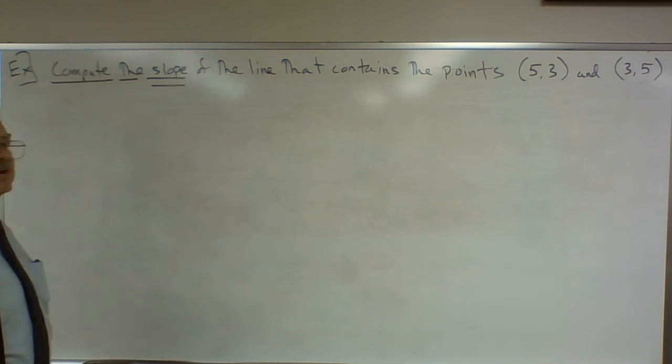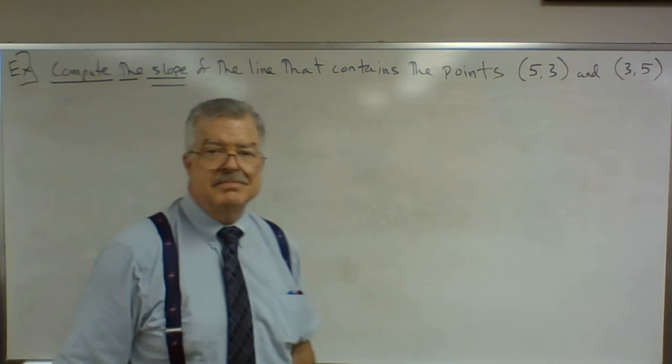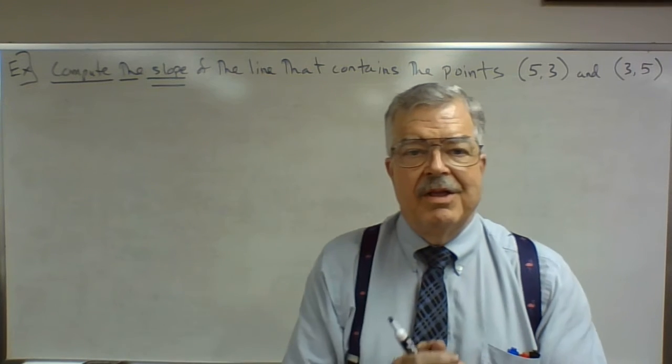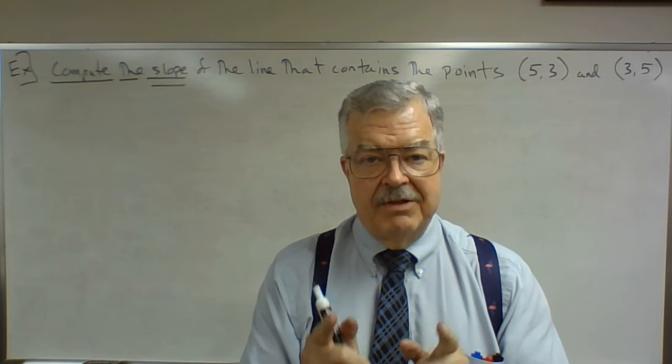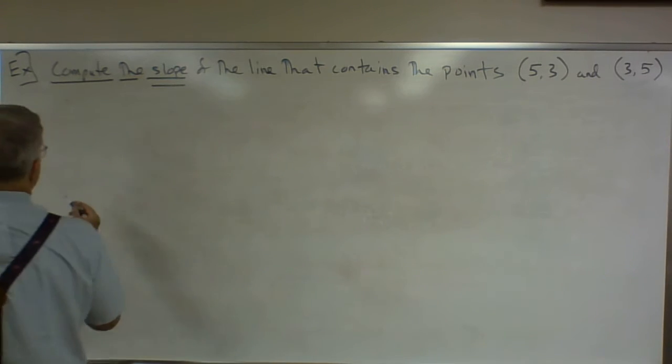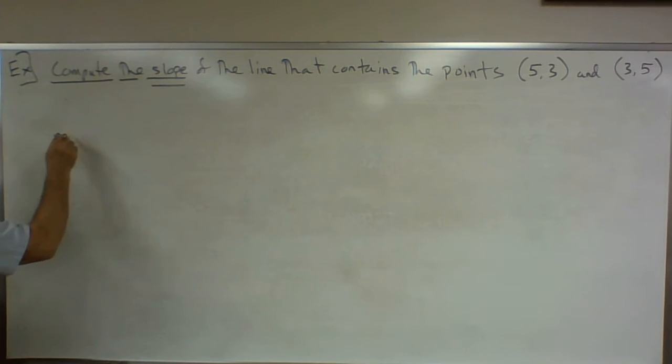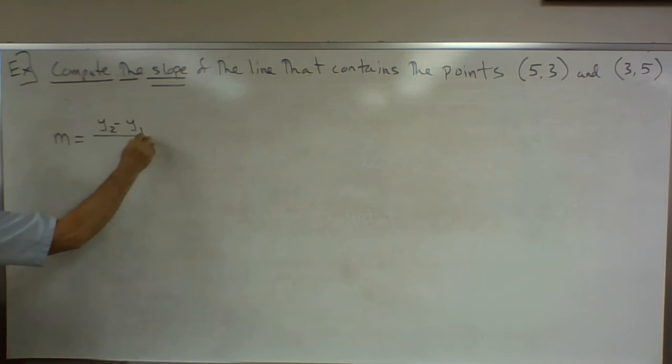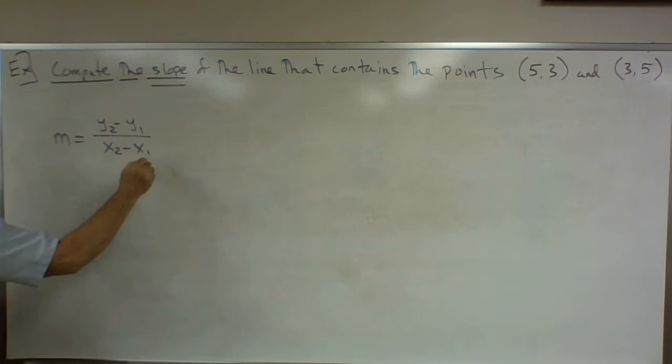And they want us to compute the slope. We're going to use the slope formula. That's something that we should memorize, by the way. Here's our slope formula. M equals y2 minus y1 over x2 minus x1.